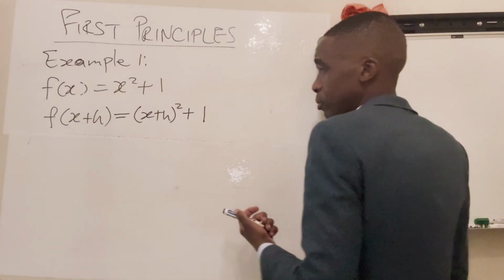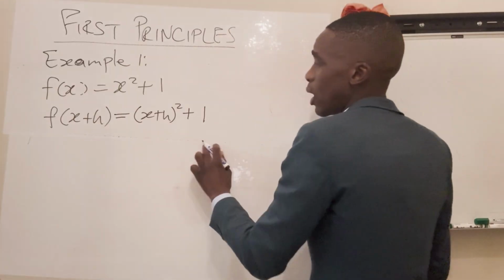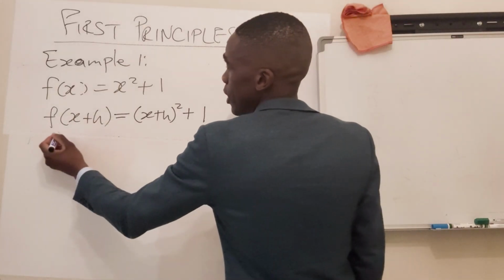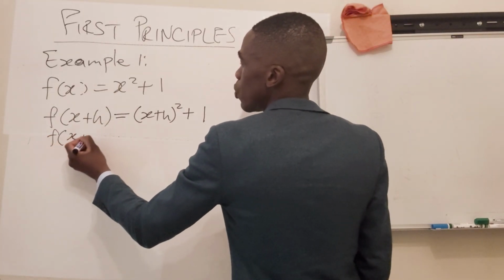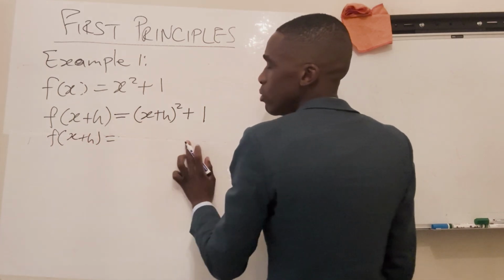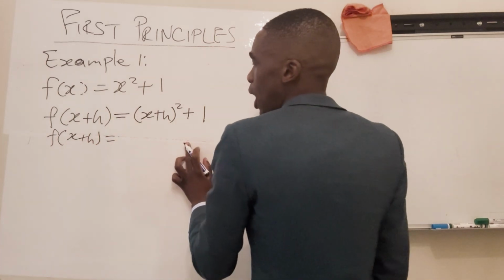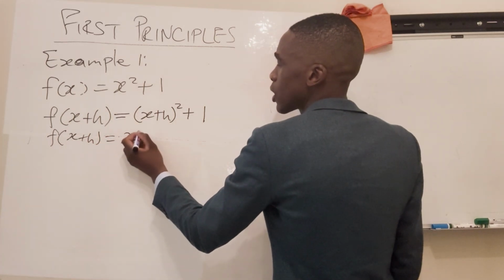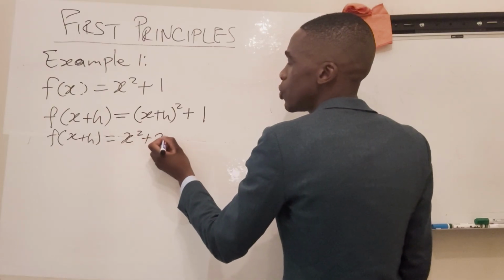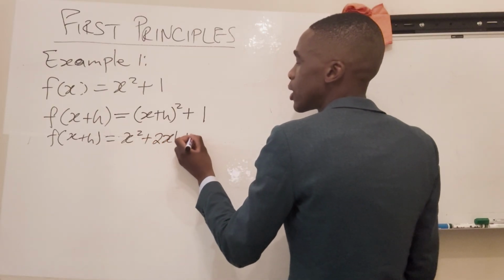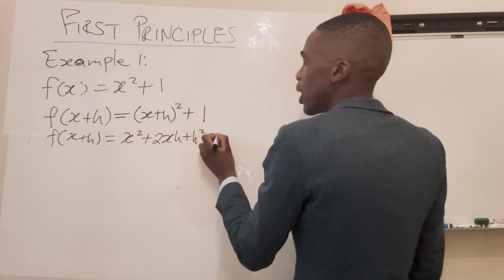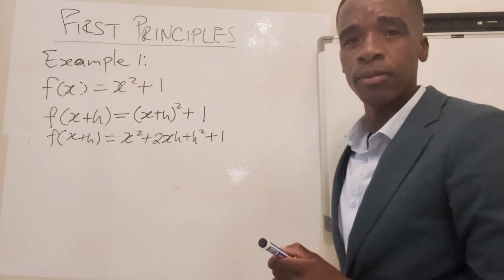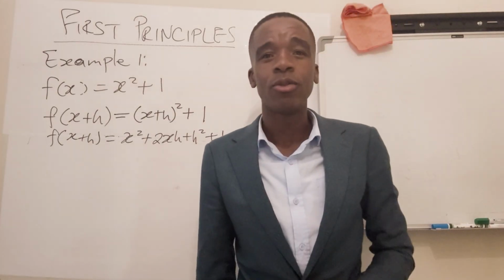Ladies and gentlemen, while that is so, you are now able to say, okay, fine, this is grade 12. I know that in grade 12, this is x squared plus 2xh plus h squared plus 1. Are we together? I'm going to give you a little bit of time.